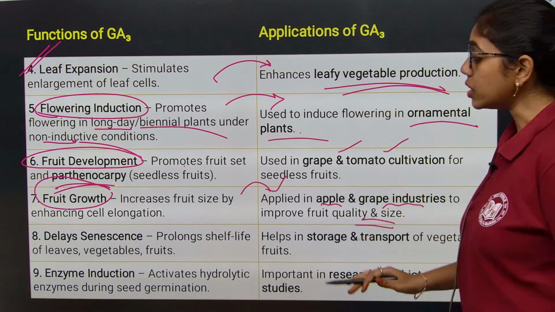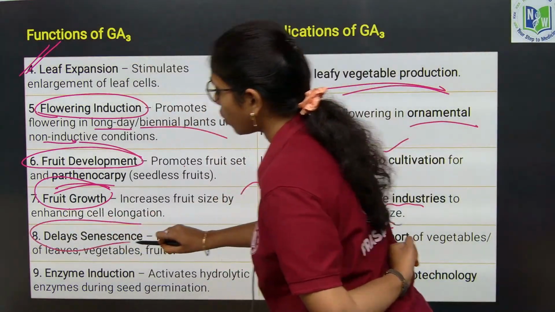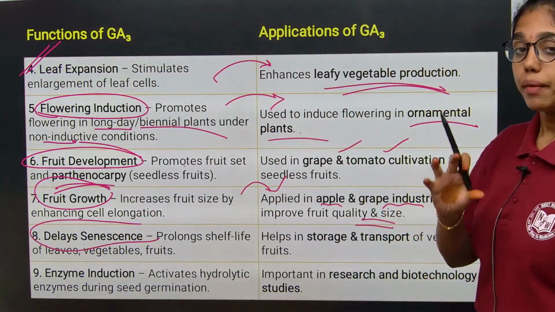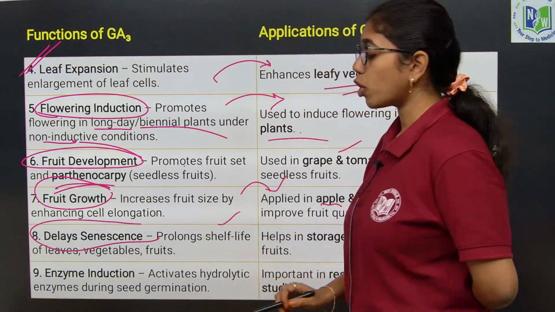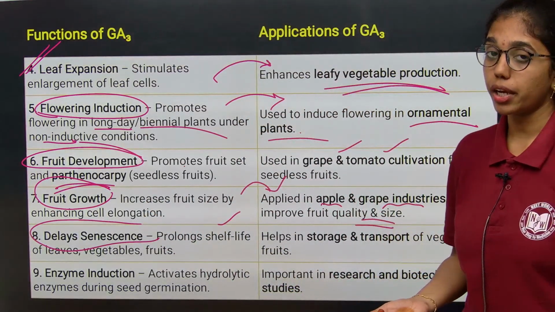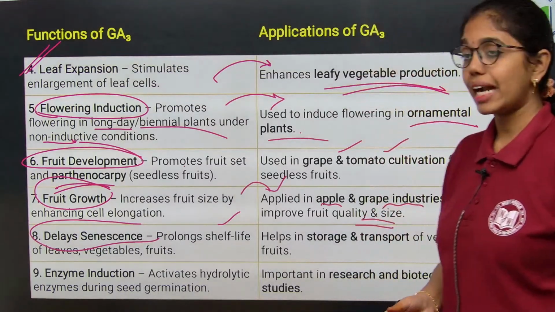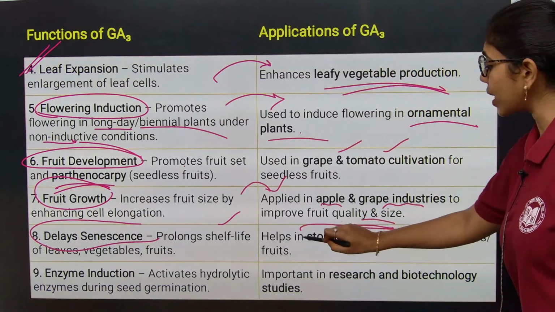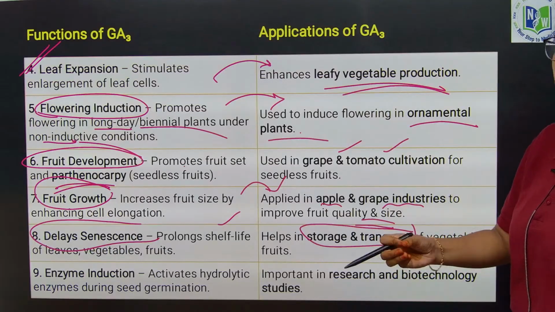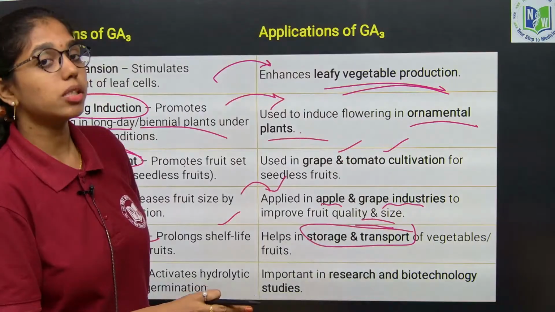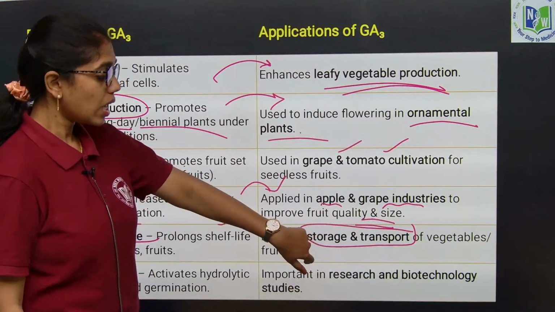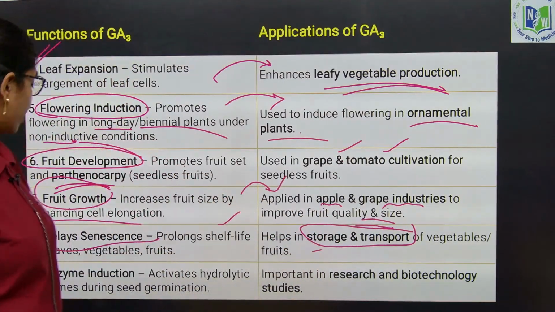And then this delays senescence. This prevents seed dormancy, and this will delay senescence as well by prolonging the shelf life of fruits, vegetables and leaves. Applying gibberellins to fruits and vegetables will help in storage and transport.